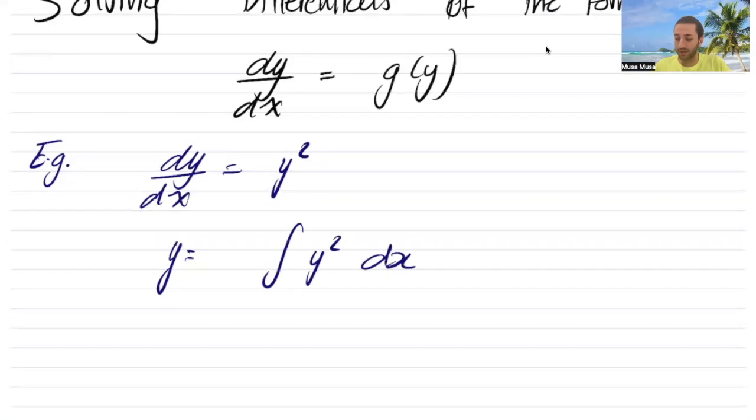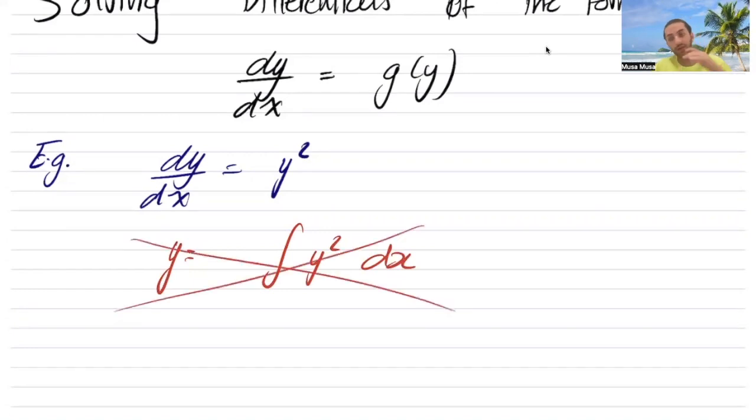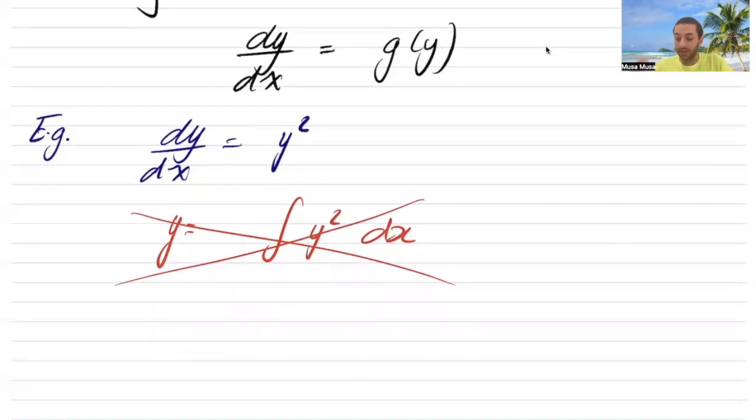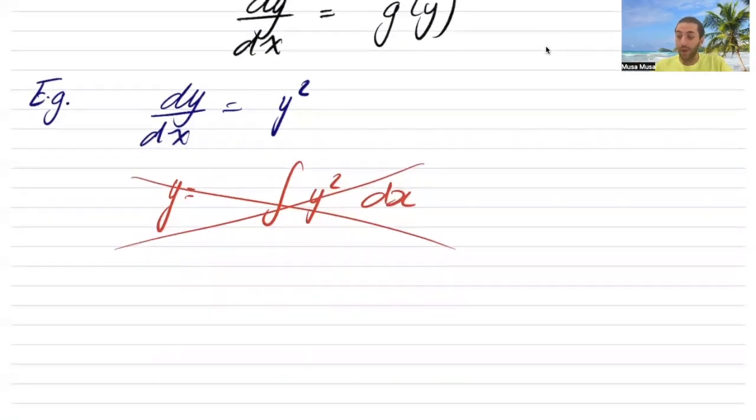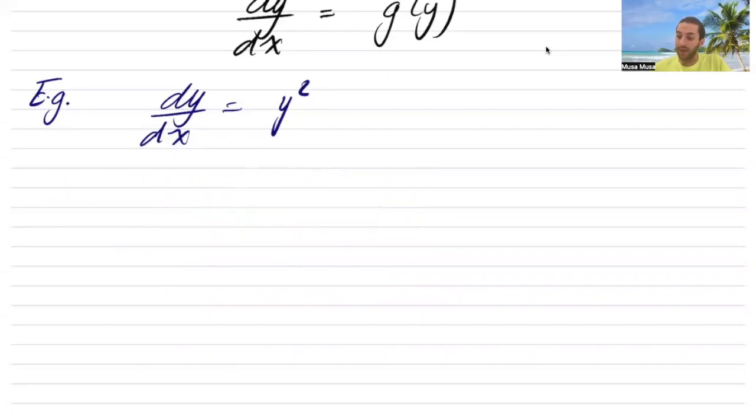But how are we going to do this? That doesn't make any sense. You can't integrate y with respect to x. So we need to rearrange it. We need to get it in a bit of a different form. The way that I do questions like this is to take the reciprocal of both sides. So let me write that in.